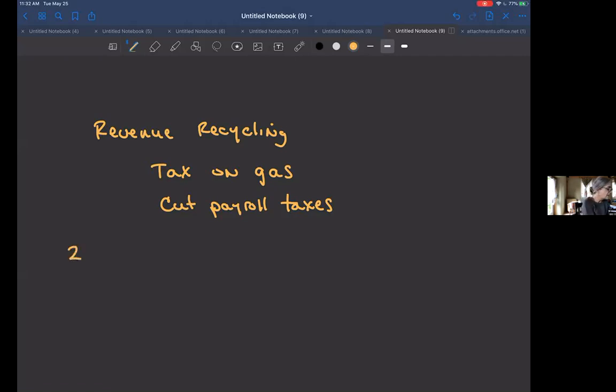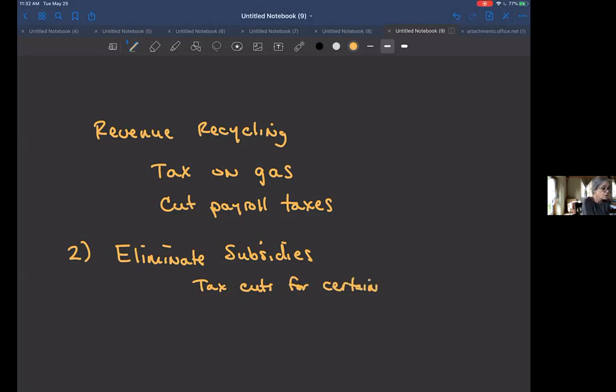The second step would be to eliminate subsidies. So subsidies are things that our government puts into place, and it generally is written into the tax code. So this is like tax cuts for certain corporations.